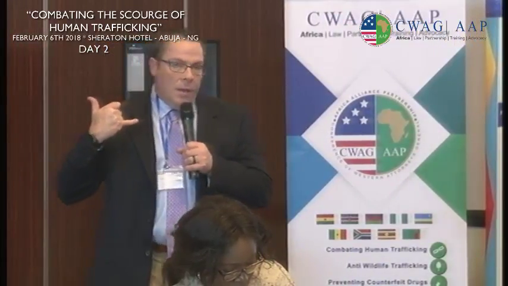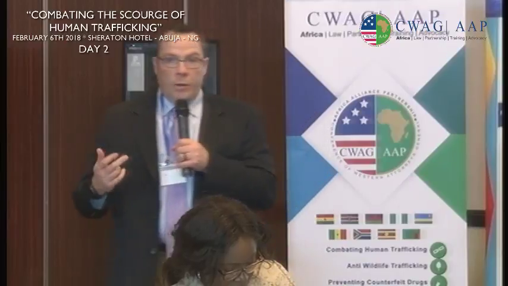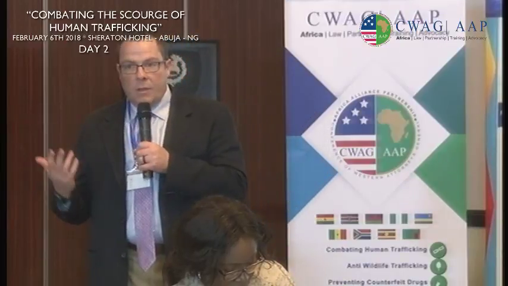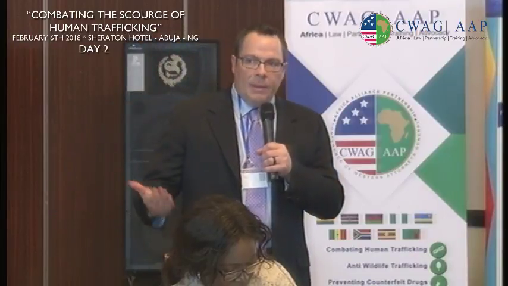So we find phone numbers that are good on our records a lot, and we'll write orders to track their phones. So we'll find them that way, see where they're picking money up.